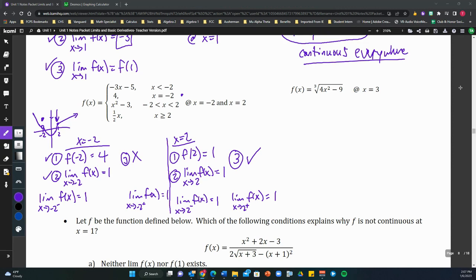The next one says f of x equals the cube root of 4x squared minus 9, and then we're going to check that one at x equals 3. So typically when we see a radical, our alarms start to go off, and people think that the cube root is as difficult to work with as the square root, but it's actually not.